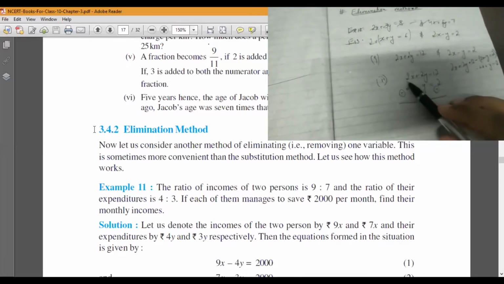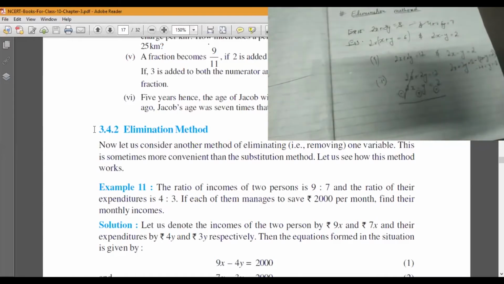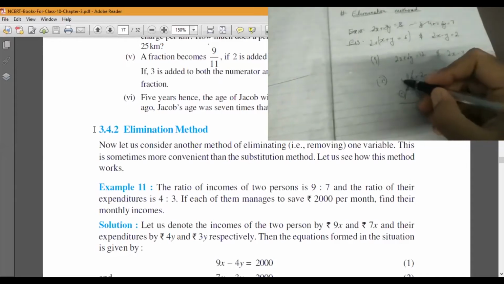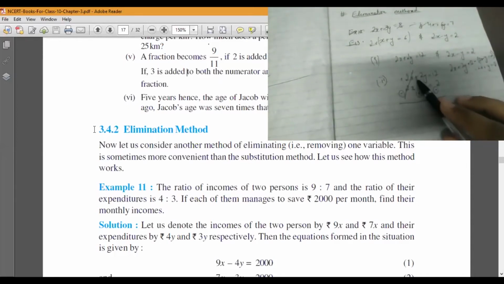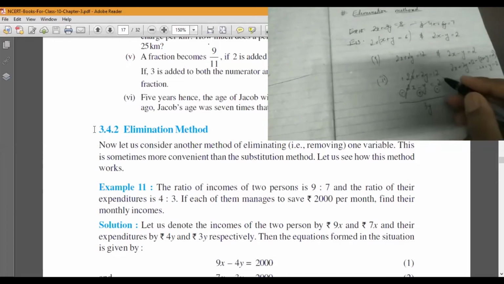Now you can see that the x variable is canceling out. This is plus 2x and we have changed the sign to minus, so this is minus 2x. Now we'll write the leftover 2y plus y, which gives us 3y, and 12 minus 2, 10.